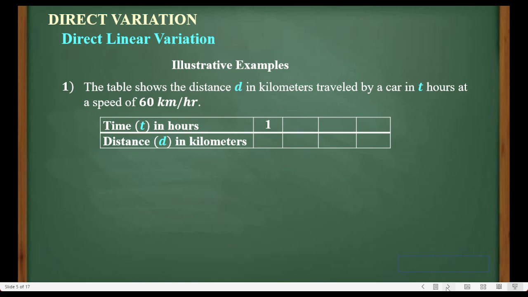Say after 1 hour, the car already traveled 60 kilometers. For another hour that has passed, the car already covered a distance of 120 kilometers.